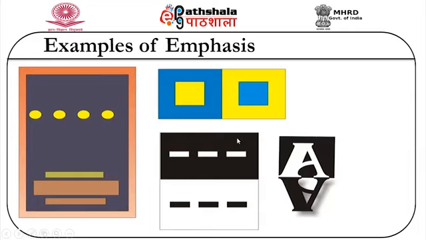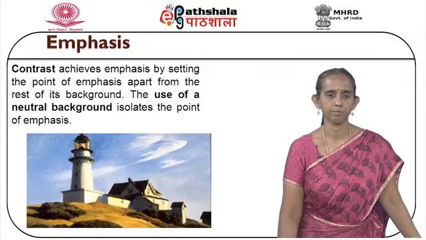Here the entire black part is emphasized by having a different color with respect to the other part. Here also we have an A and the mirror image of that A. The mirror image of the A is emphasized by providing a different color. These are examples of emphasis.